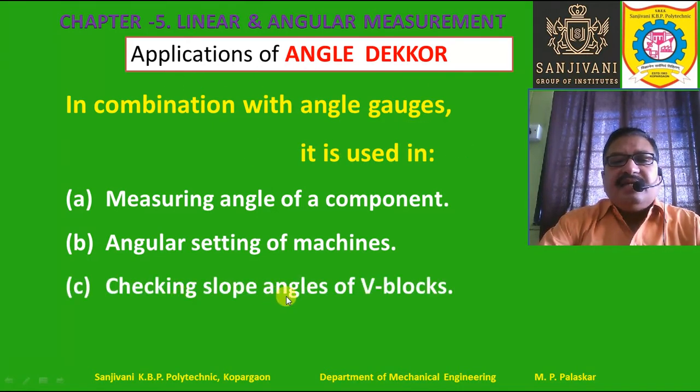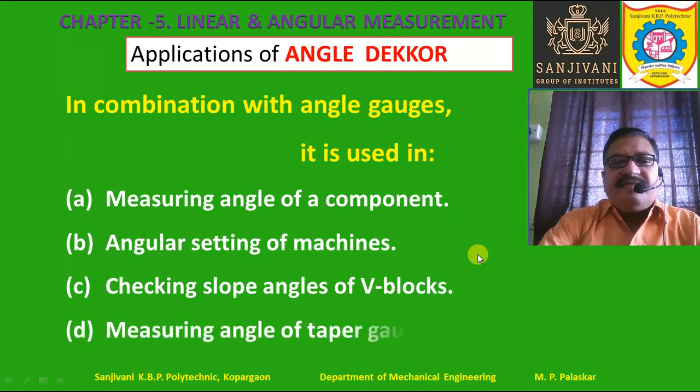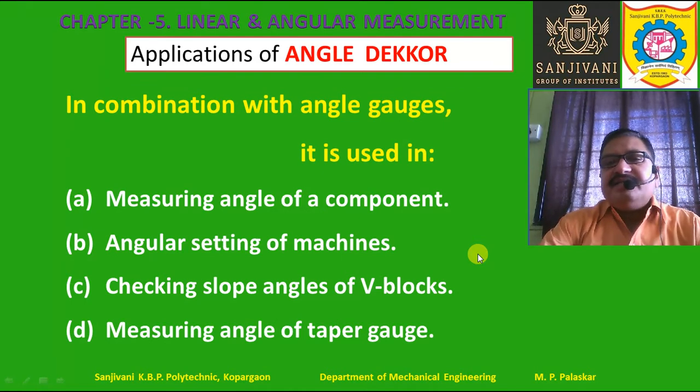Then checking slope angles of V blocks can be done by using the angle decker. And finally, for measuring the angle of the taper gauge, we can use the angle decker.